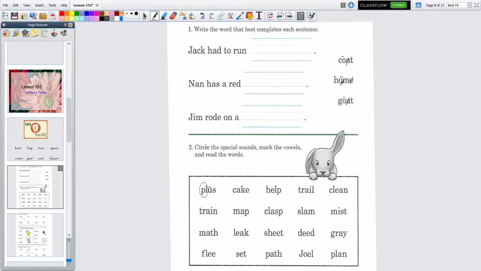Let's put the second one here. This one says home. Jack had to run home. Can Jack run home? He can. So let's write home on the line. Home.